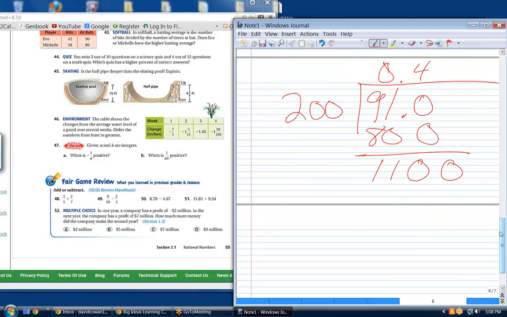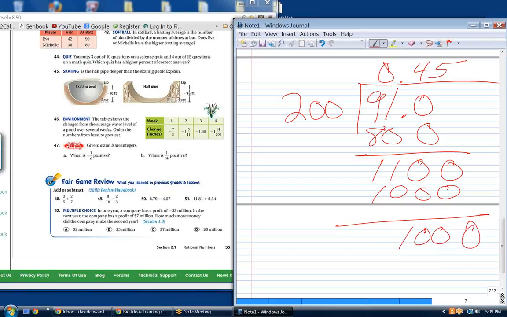So 100 goes into 200. Sorry. So 5 times, and 5 times 200 is 1,000. And I subtract it.